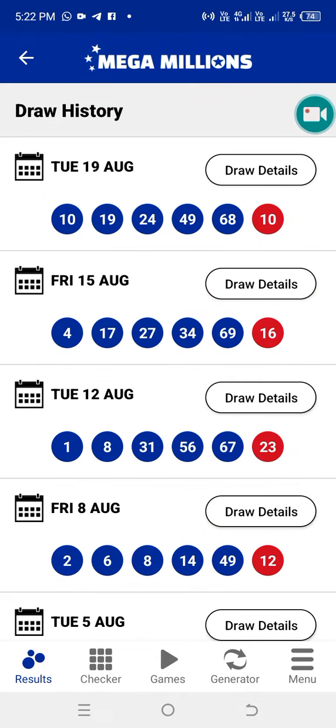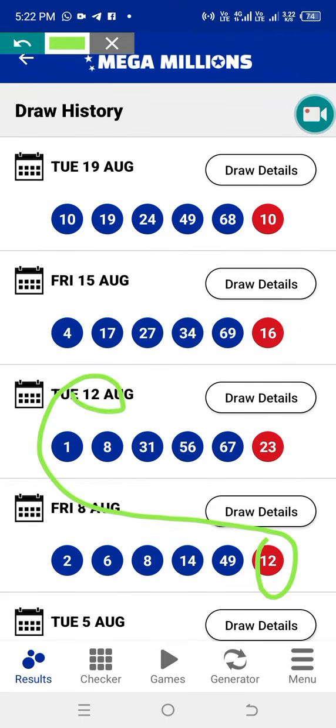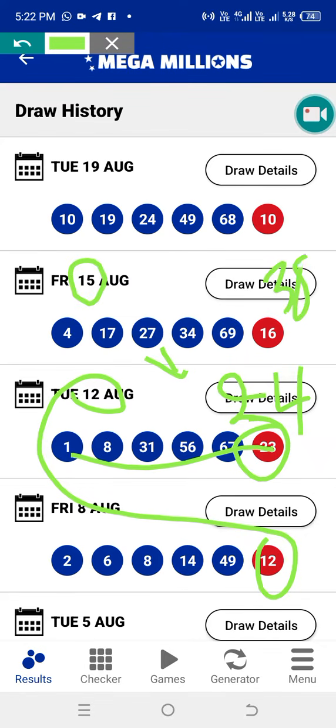All right, that was also the number. Then you take the bonus ball, add the date, then you skip a draw to play that. Now they didn't play it here, they played after 2 draws. So we have 12 plus 12 is 24. Then 23 plus this one is 38. 16 plus 19 is 35.